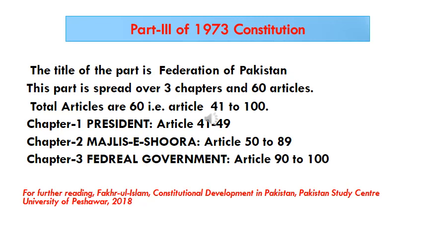The Attorney General shall hold office during the pleasure of the President, and he will be a law officer of Pakistan who will participate in the proceedings of the Parliament, and he will look into the legal cases which are before the Parliament for consideration. So this is all about part 3.